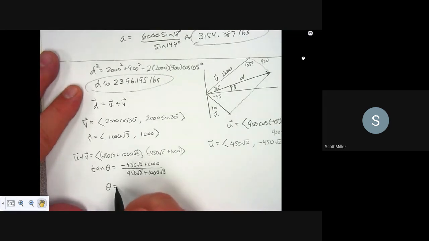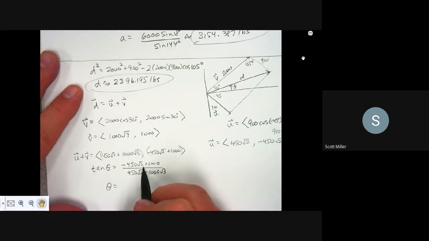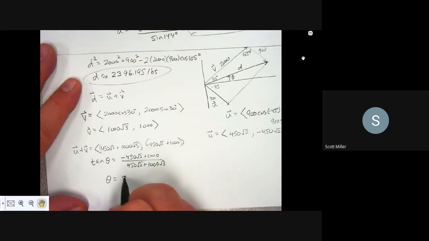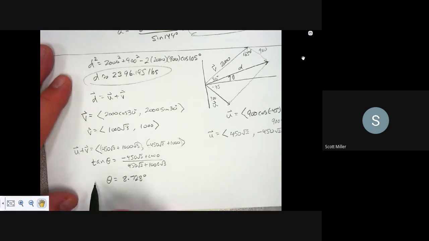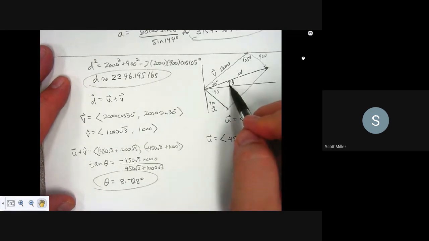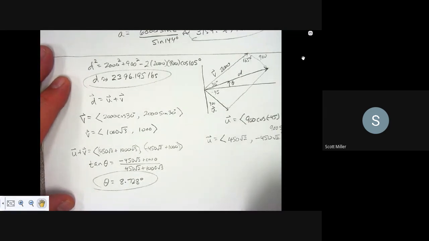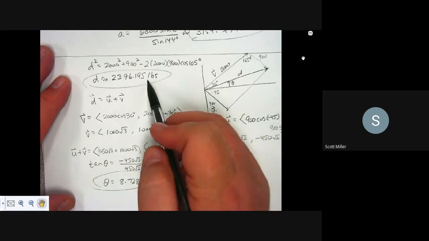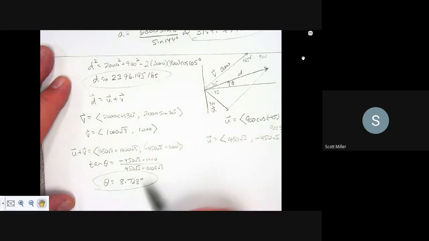Doing the inverse tangent of all that will give me an angle, which is 8.728 degrees. And that is my direction angle. So there's my magnitude, and there's my direction of the resultant.